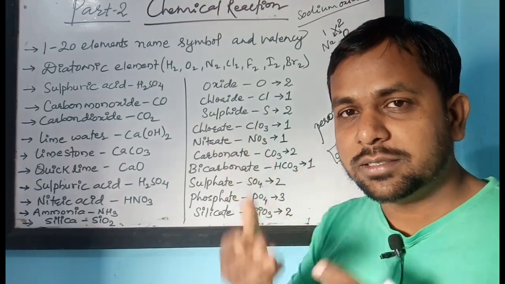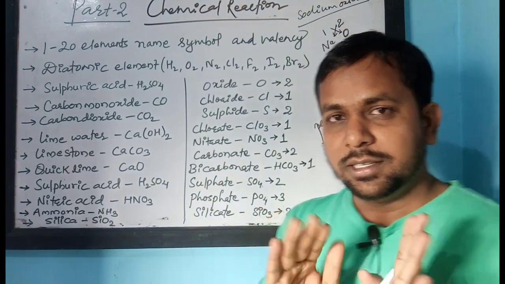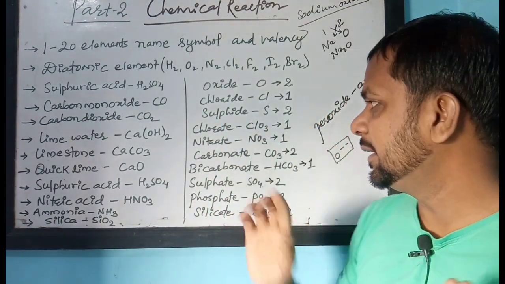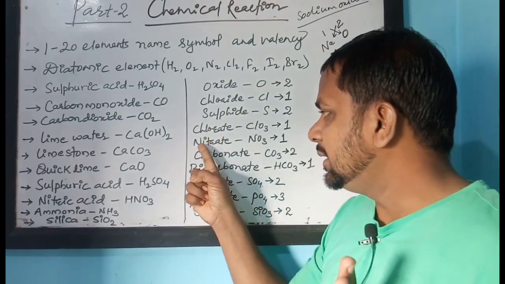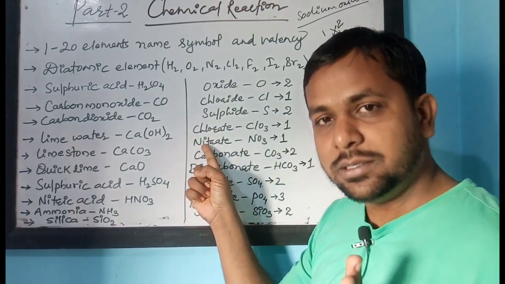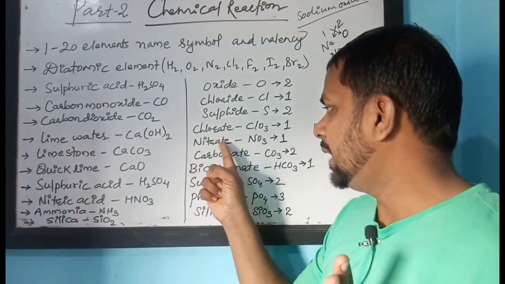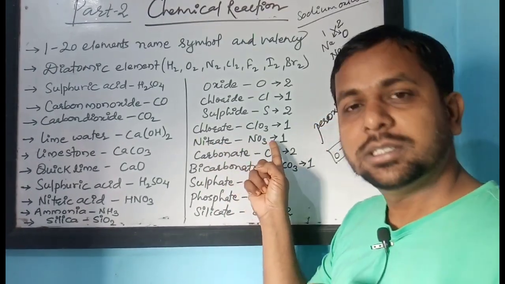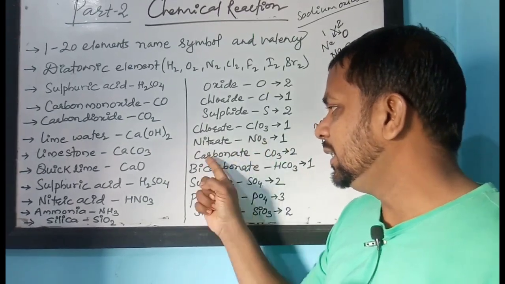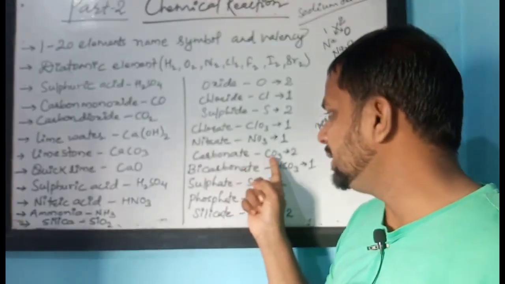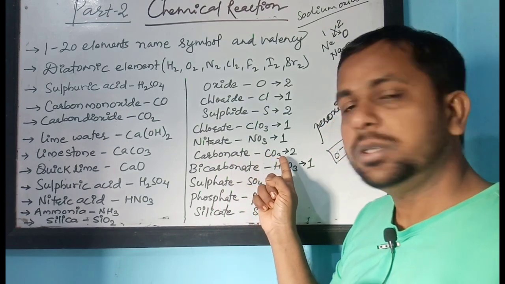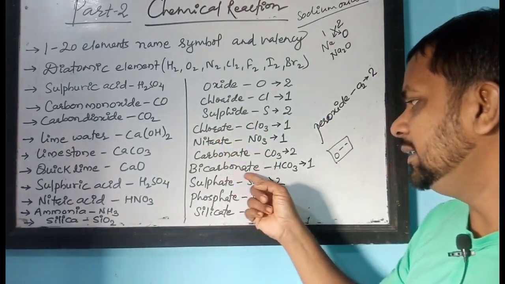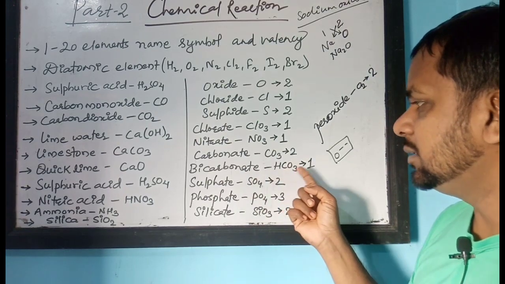I hope you are understanding. It is a simple logic to understand or memorize. Nitrate is coming from nitrogen, so N is here and ate is here, so oxygen is 3, NO3. Similarly, carbonate comes from carbon, ate is here, then O3. Wherever ate is there, ate represents O3.